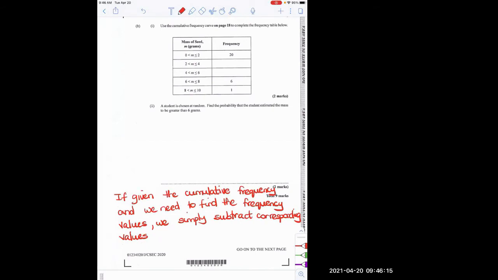So since we have the cumulative frequency, we need to find the frequency value. So take down that note and we will go to the graph and I will show you how to read off the values.